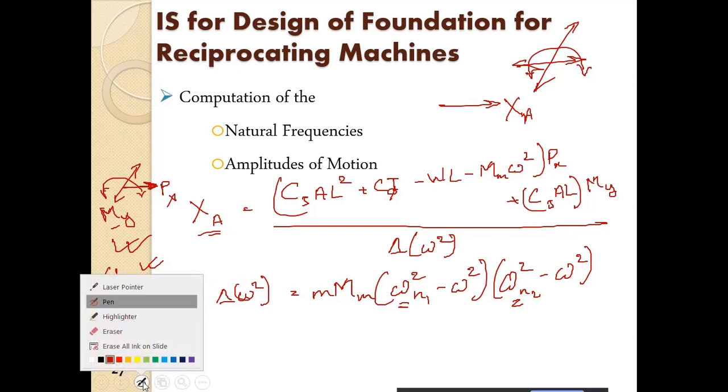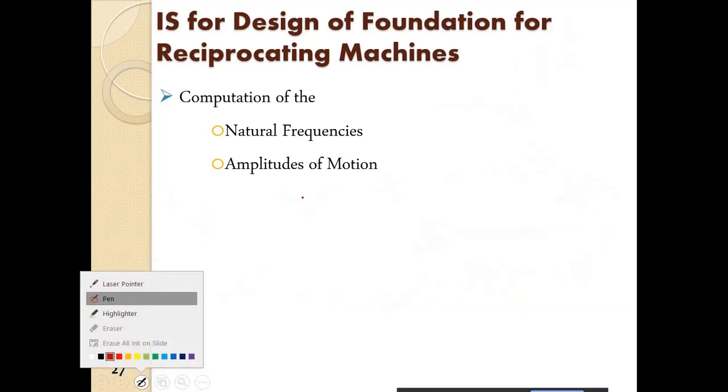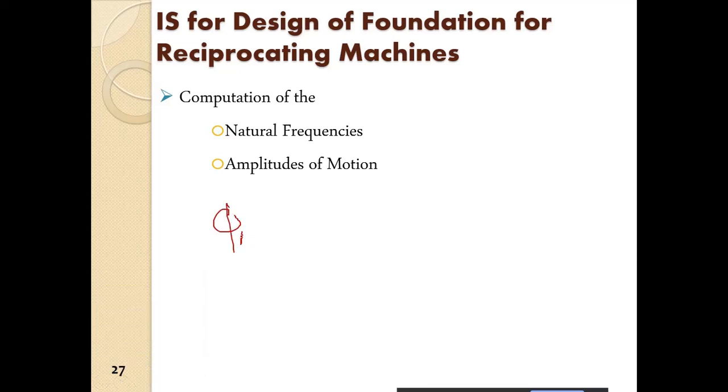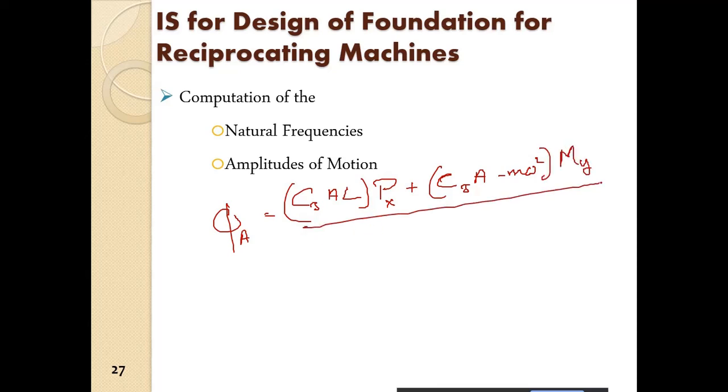Apart from that we have the maximum rotation, capital phi amplitude, which is equal to c tau a l into Px plus c tau a minus m omega square into the applied moment about the y-axis divided by delta omega square.